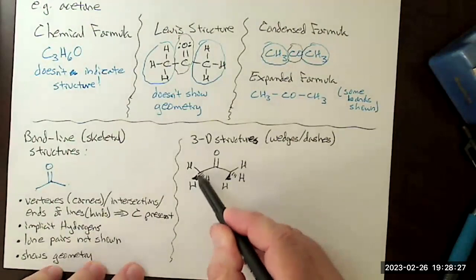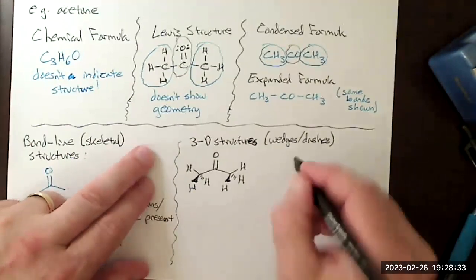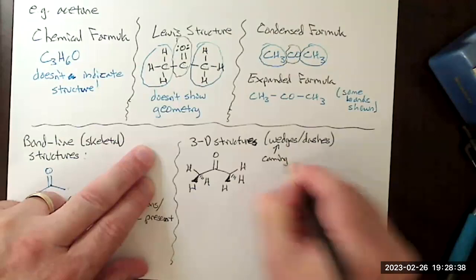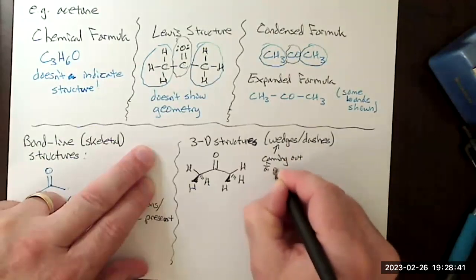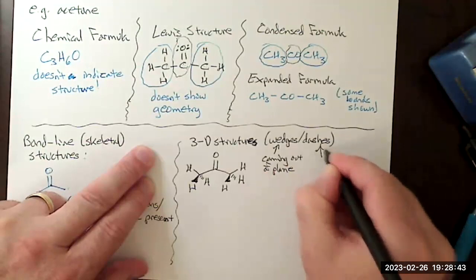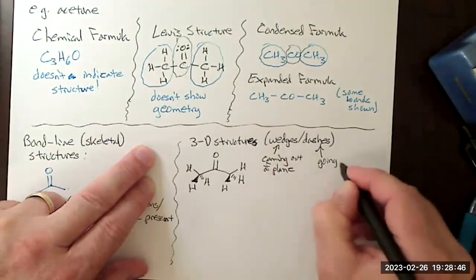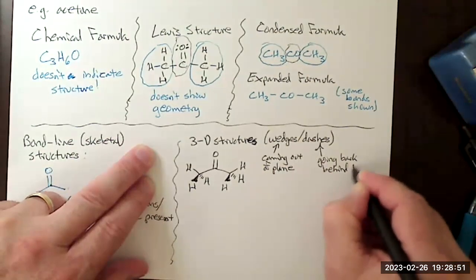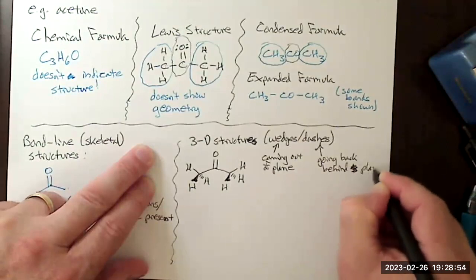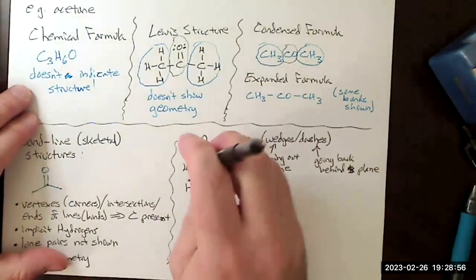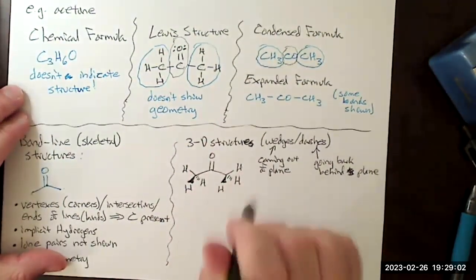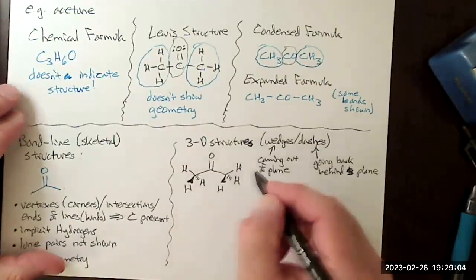So now I'm showing my hydrogens, where they are in space. And again, the wedges are coming out towards us. We would say they're coming out of the plane of the paper, towards us. Dashes are going away from us, back behind the plane of the paper. Everything that's just a line is in the plane.